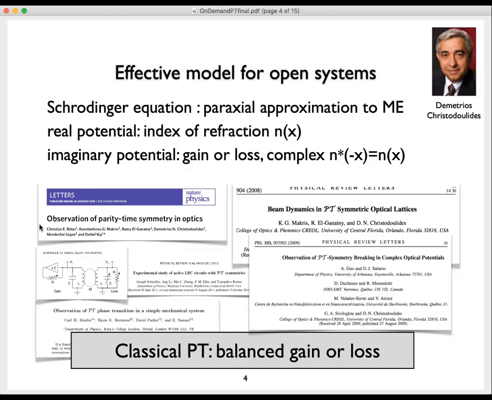So that was, in my view, the insight which led to understanding that, hey, we can make complex potentials and they have some simple physical meaning. So the index of refraction having negative imaginary part, or the fact that light gets absorbed when propagating in a waveguide, is something that was well known. On the other hand, index of refraction having positive imaginary part, that would correspond to a gain in the system, is something that requires more work to engineer, basically. But that really opens the floodgate.